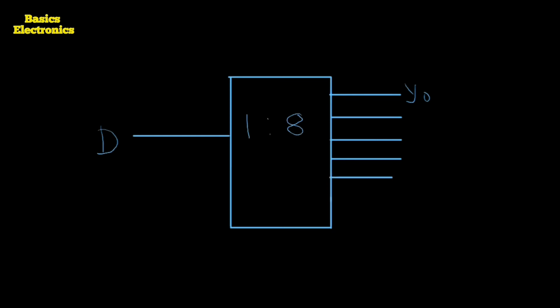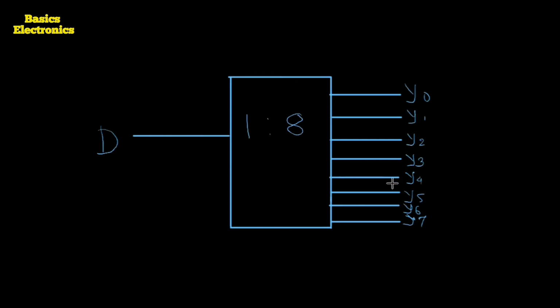Then the next one is Y4, then Y5, Y6, and the last one is Y7. So these are the output lines.